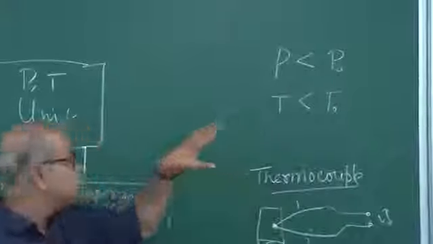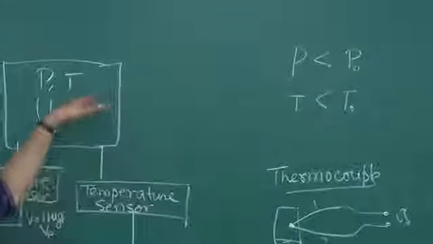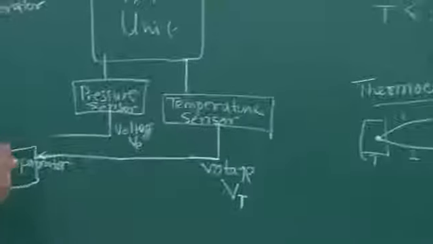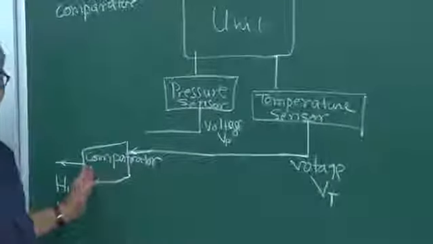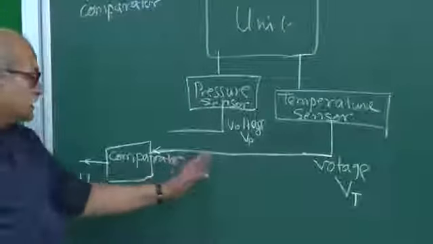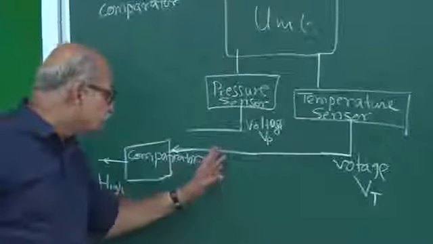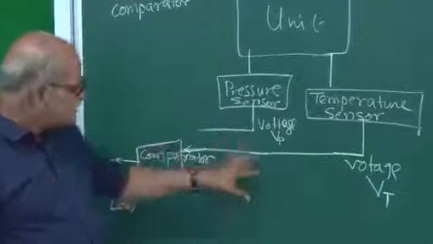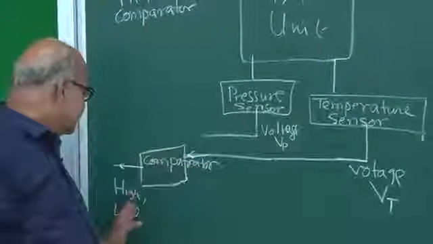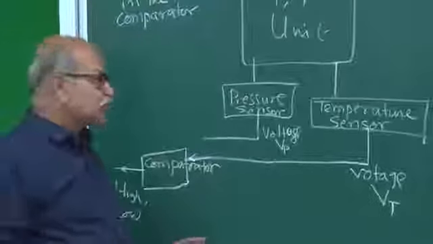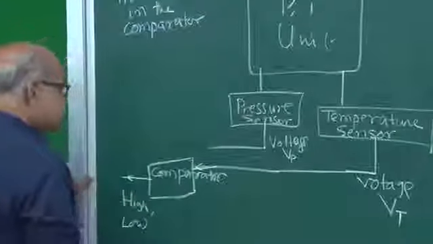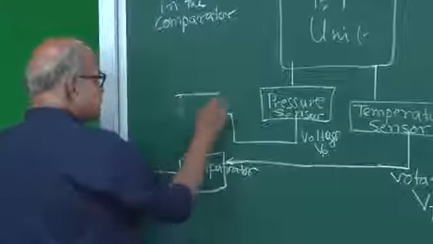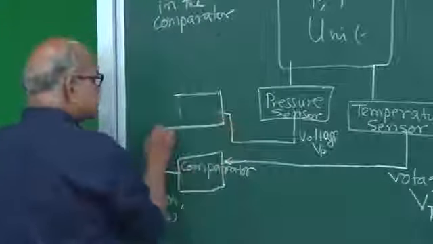I know at 370 degrees Celsius how much voltage will be created here, so I can put that as the preset value. The moment this signal is more than that, it gives me the high output, and as long as it is less, it gives me the low output. So, this is it. Similarly, you can have a comparator here.